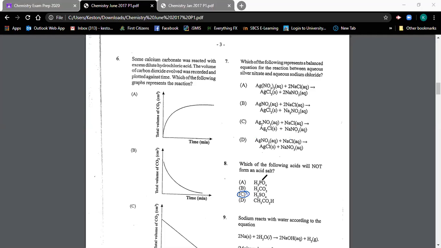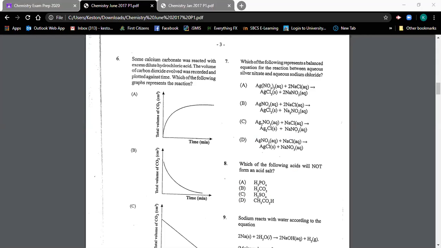This one is phosphoric acid. And here we have our ethanoic acid. All of them are going to have that extra H inside of there. Sulfuric acid, that wouldn't happen. You wouldn't get an acid salt when you react with sulfuric acid. Yeah. So C for number 8. Everybody okay with that? C for that one.